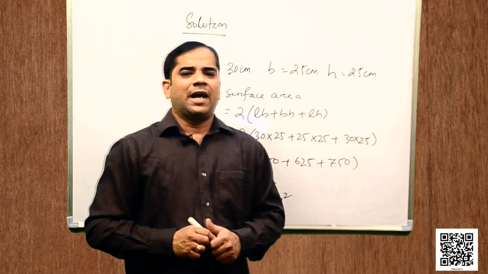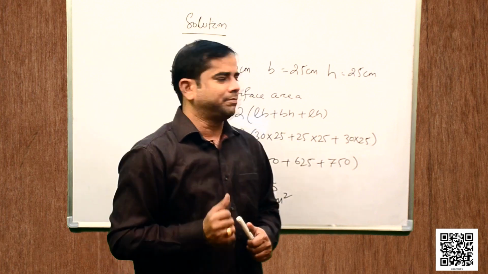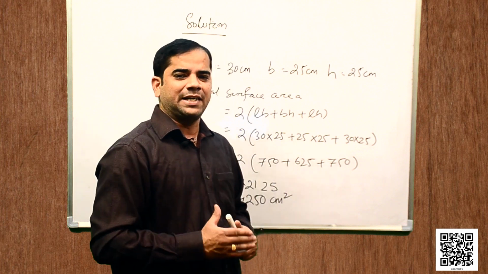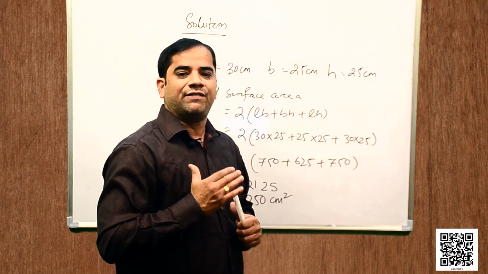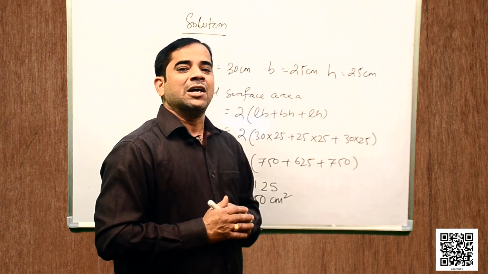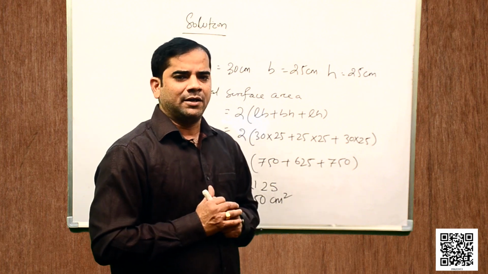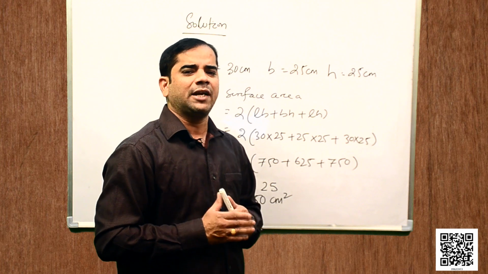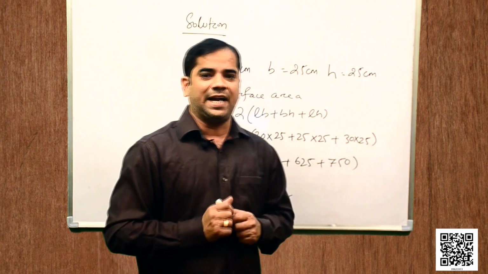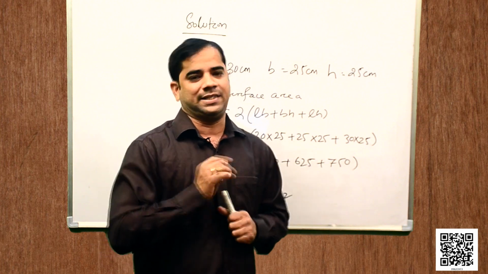Hence the area of the glass, because it is the total surface area, is 4250 centimeter square. This is the solution for the first part. Let us now discuss the solution for the second part. It asks how much tape is needed for all the 12 edges.